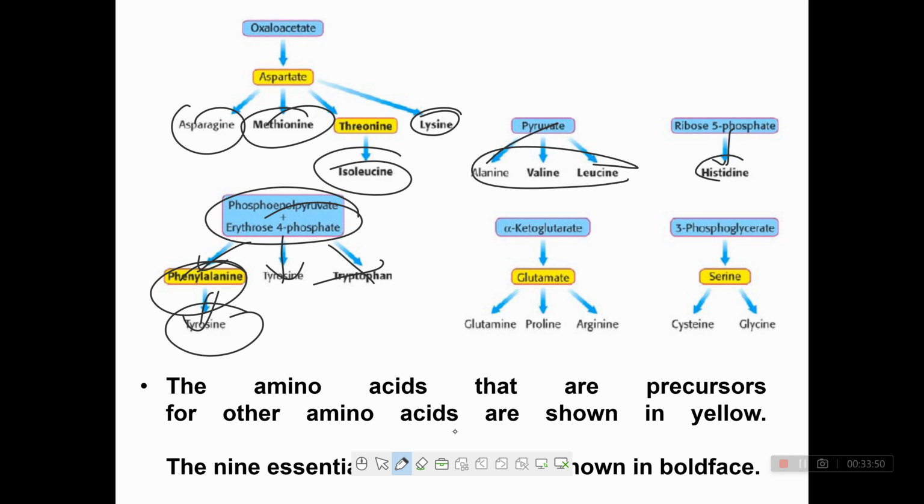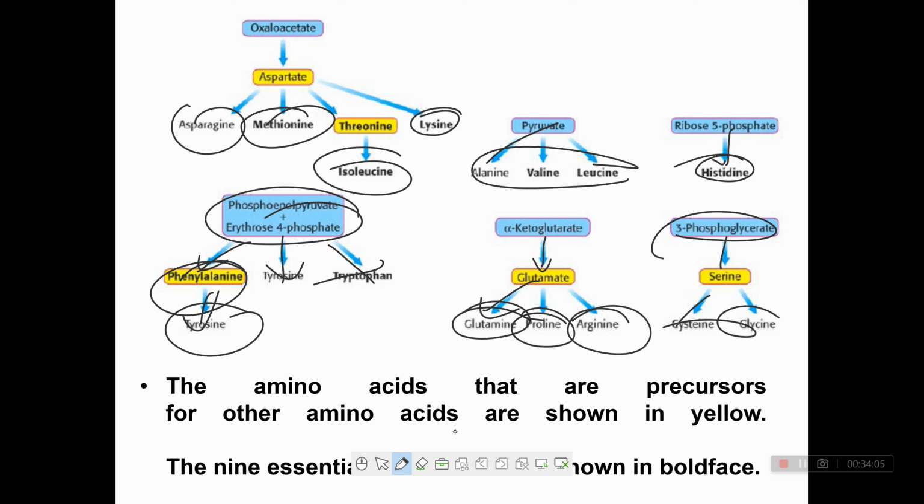Ribose 5-phosphate is converted into histidine. Alpha ketoglutarate is converted into glutamate, then glutamine, proline and arginine. And 3-phosphoglycerate is converted into cysteine and glycine. So remember these five important intermediates, and which amino acids are synthesized by each. Remember all this.